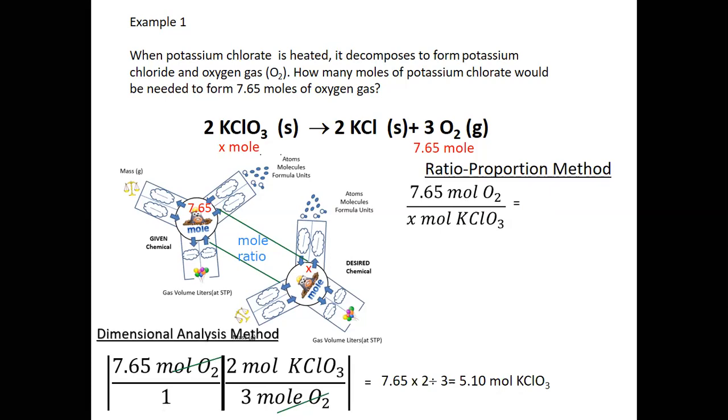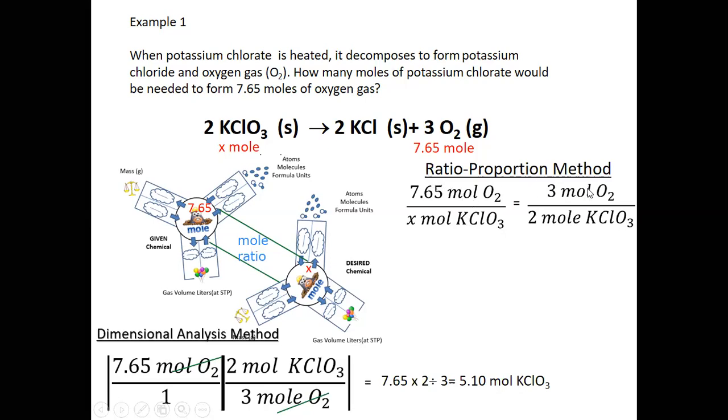The second fraction that we write has the identical labels as the first fraction, the given amount over the desired amount. Therefore, if it says mole of oxygen on the left side, when we rewrite the fraction on the right side, it should say mole of oxygen. On the bottom, it should say mole of KClO3. Proportions work this way.